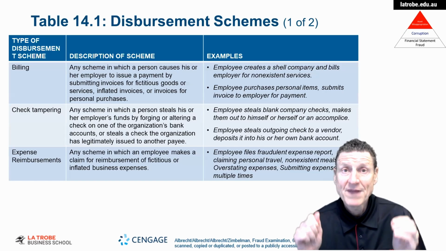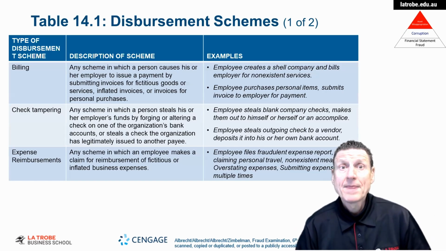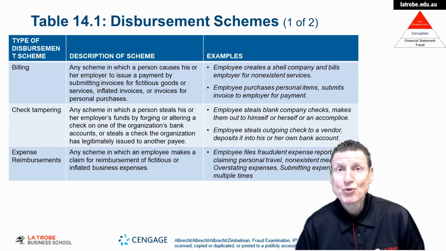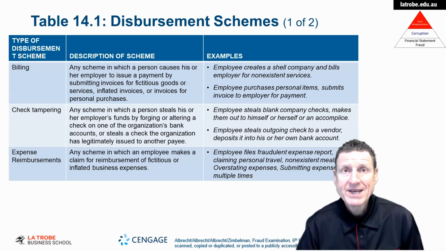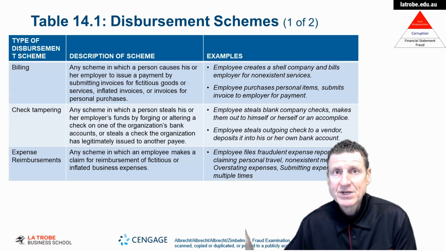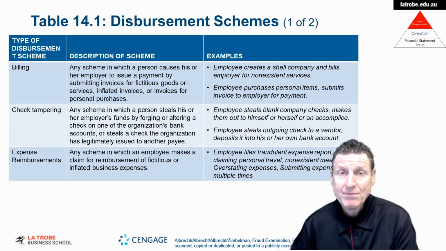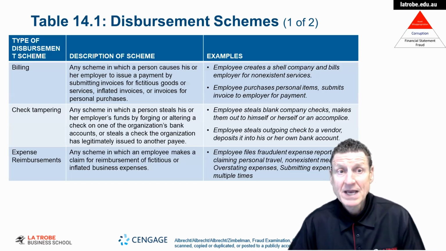This reminds me of that case back in chapter 3, chapter 4, where the disbursement manager created 20 fake doctors for medical bills to be sent to. And in the process, embezzled millions of dollars before she was caught. That was a billing scheme.